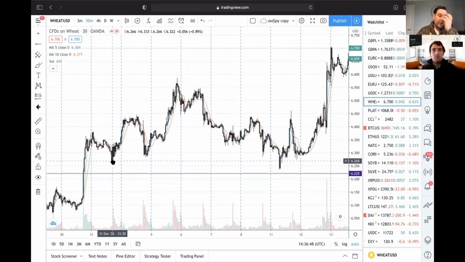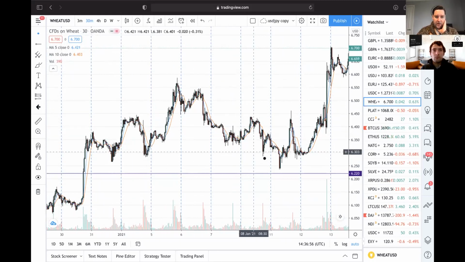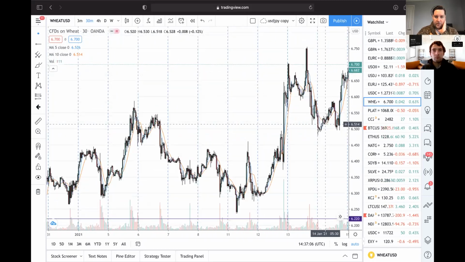We could buy in here, but for me, it was just waiting for that turnaround, get the lower highs in, lower lows in. Then we're looking, we've got a higher high here, higher low. So we've got options here to buy in, options here to buy in.